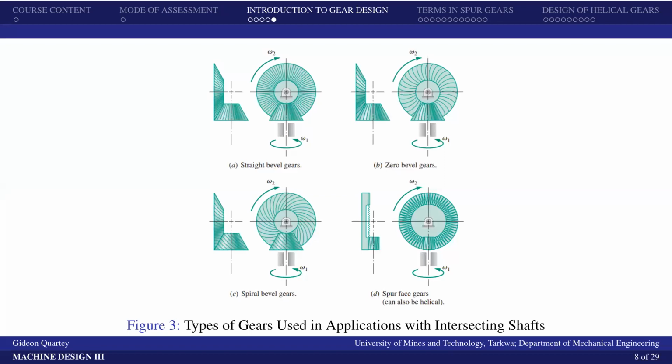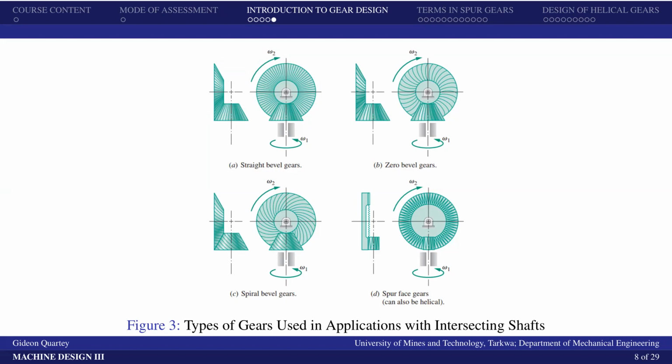If you look at this one here, we call this the straight tooth bevel gear. This is the axis of the pinion, and that is the axis of the gear, and they are intersecting at a point somewhere here. If you look at it from the other direction too, you will see that the pinion axis and that of the gear are also intersecting at a point.